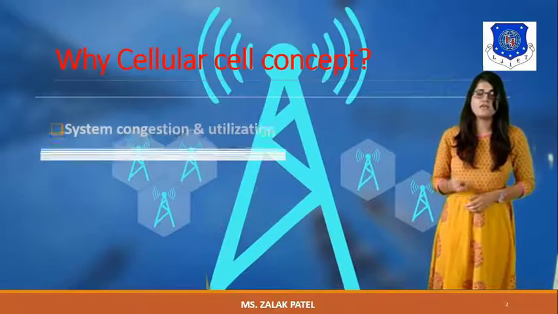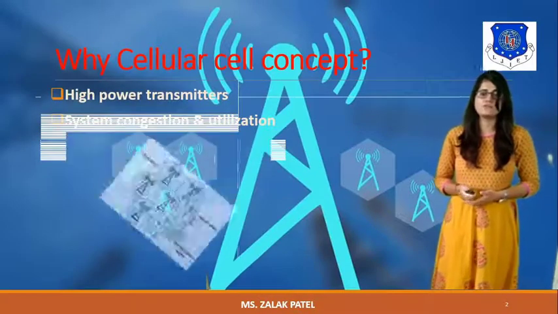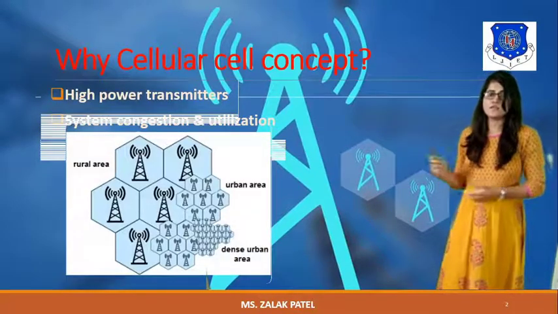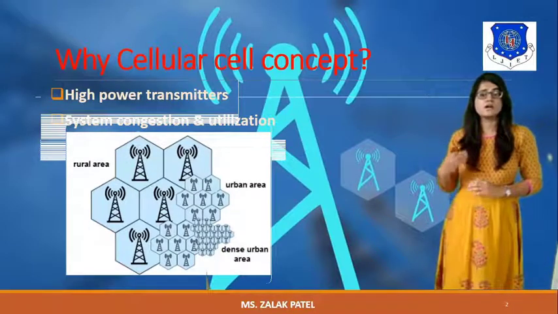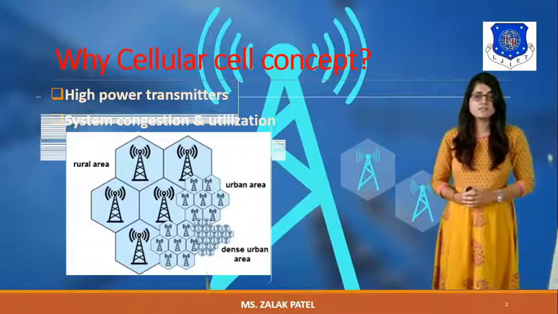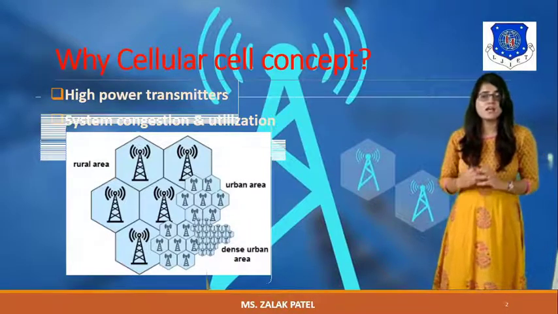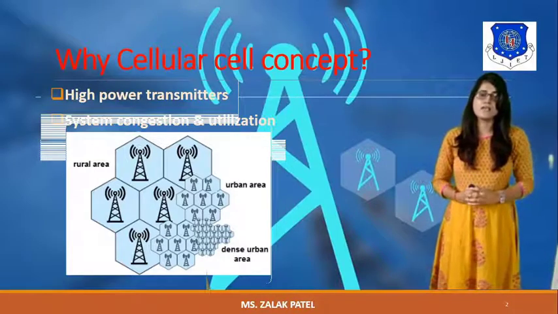As you can see in this figure, when high power transmitters were used in the olden days, they could create system congestion, or we can say that channel utilization was not proper in that case.